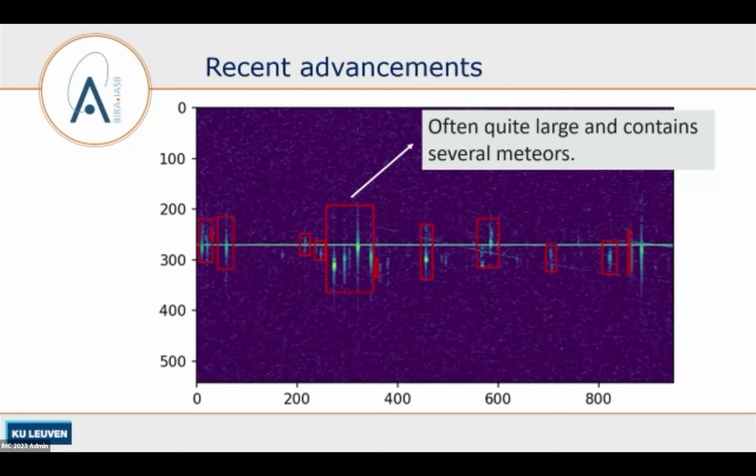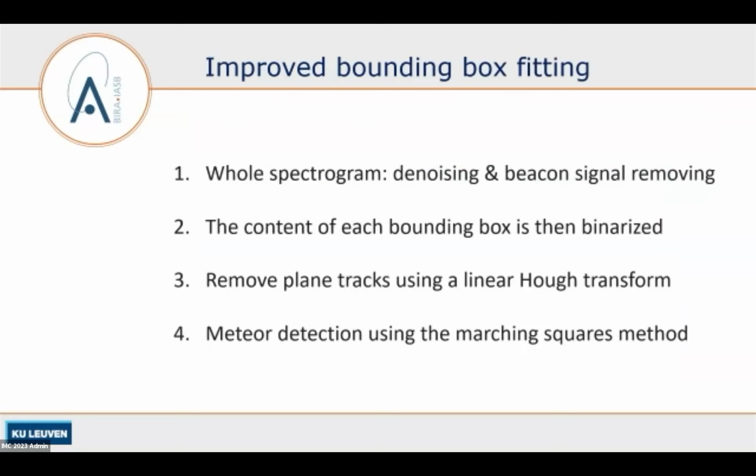We have to solve this for two reasons. One is that it leads to an underestimation of the number of observed meteors. The other is that in the longer term we want to train a machine learning algorithm to automatically detect these overdense meteors, and the better the input data you give this algorithm, the better it will work after training.